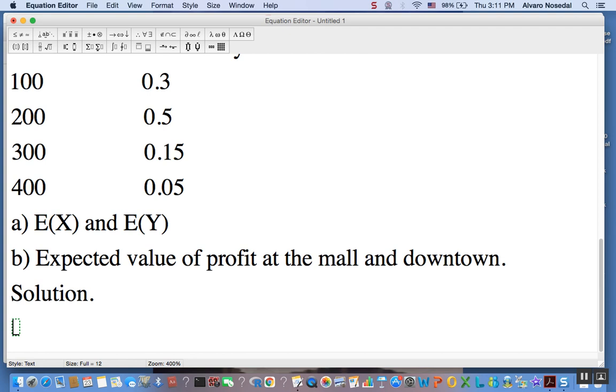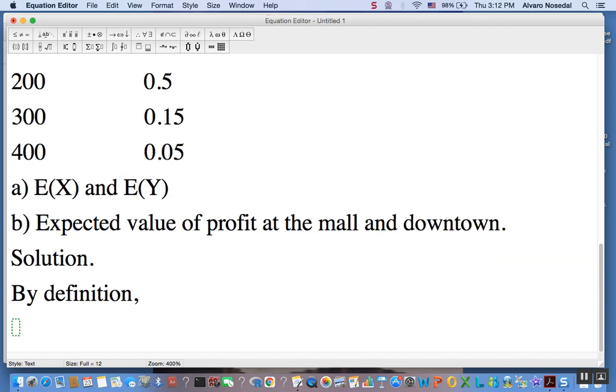First, by definition, the expected value of x is just what?